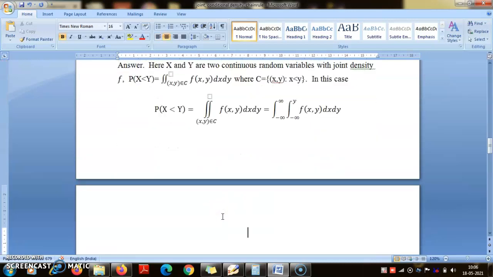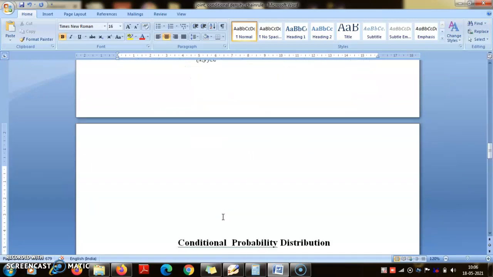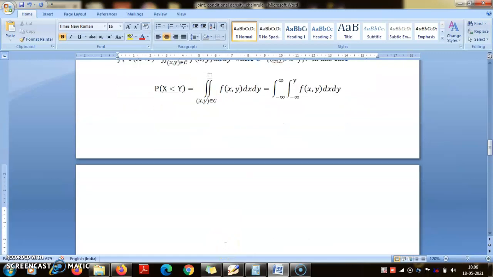Today I will not go into joint conditional distribution, but rather end with something called the bivariate normal distribution.